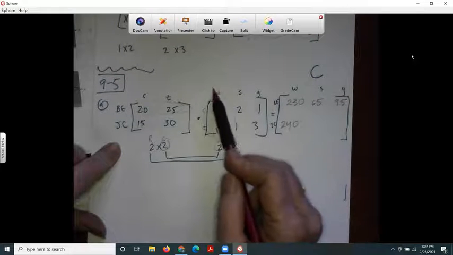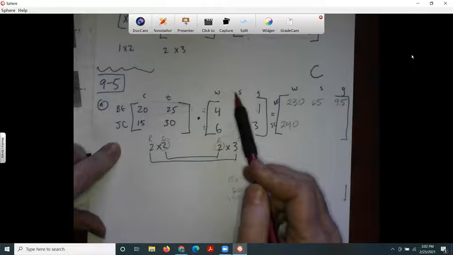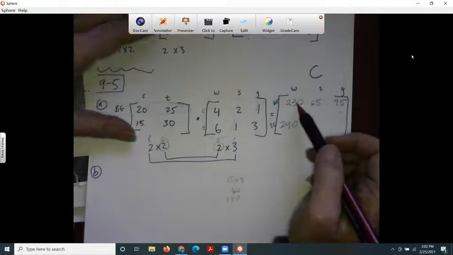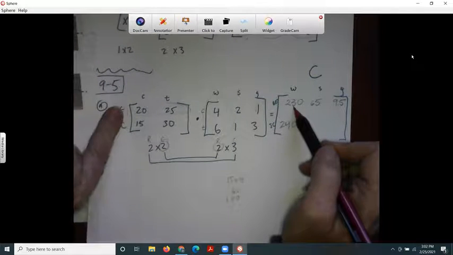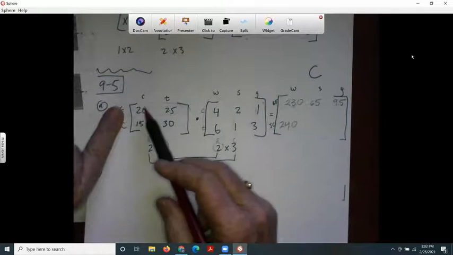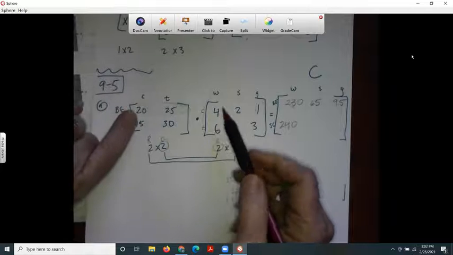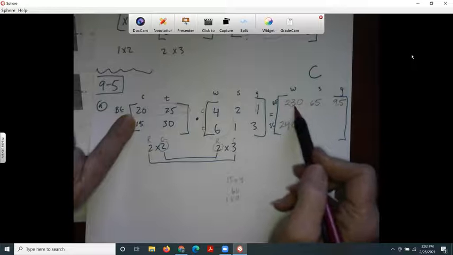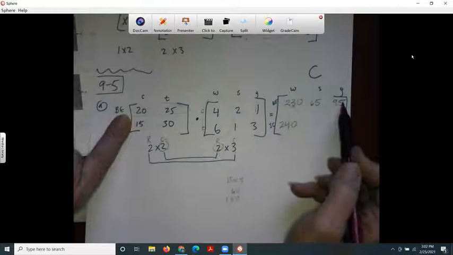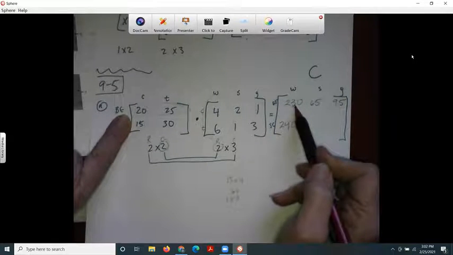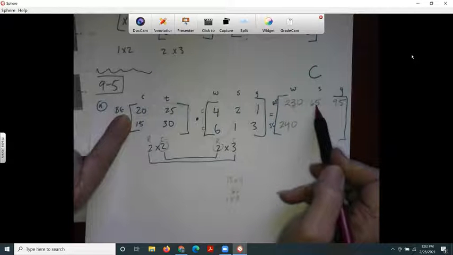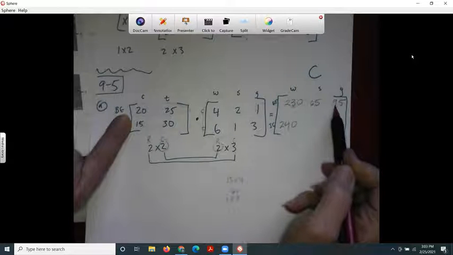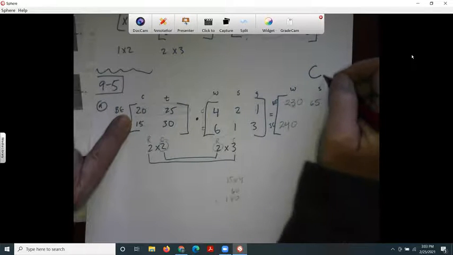So how on earth can I get these numbers? I remember, because we did this earlier, this entry right here is row 1, column 1. This one would be row 1, column 2, and row 1, column 3. If I put little subscripts, that means row 1, column 1.